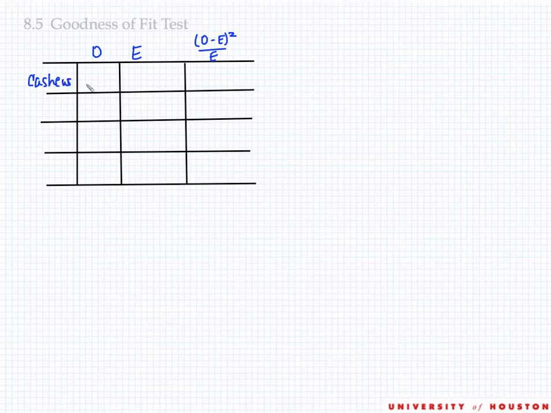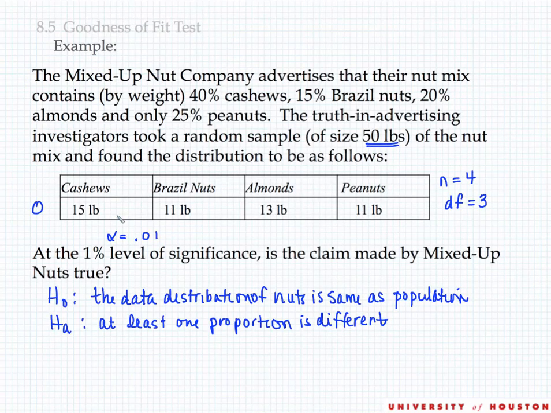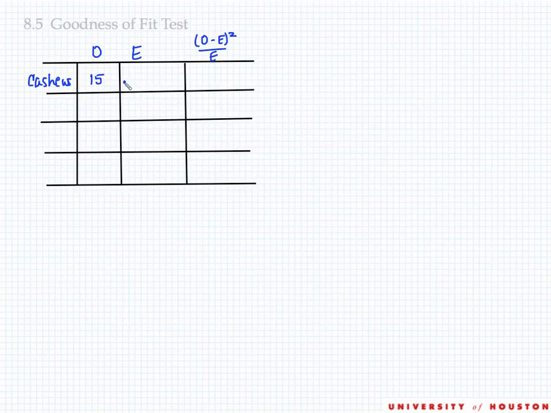So for the cashews, we observed 15 pounds. That's this value right here. Now there was 40% cashews with 50 pounds. For the expected value, we're going to do 40% times 50 pounds, and that gives us 20 pounds is what we would expect with the cashews.